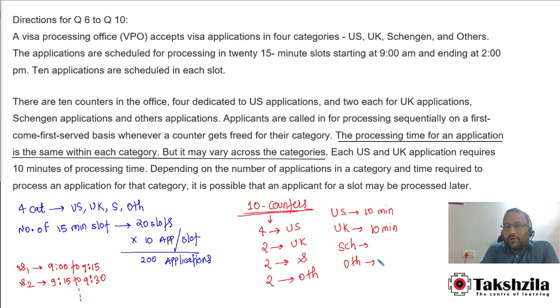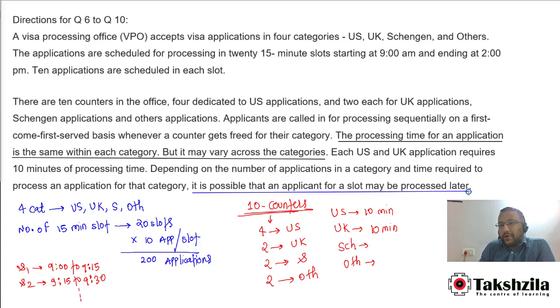Depending on the number of applications in a category and the time required to process an application for that category, it is possible that an applicant for a slot may be processed later. Now, what is the meaning of this statement? Let's try to understand, because this is one of the important statements in this data.